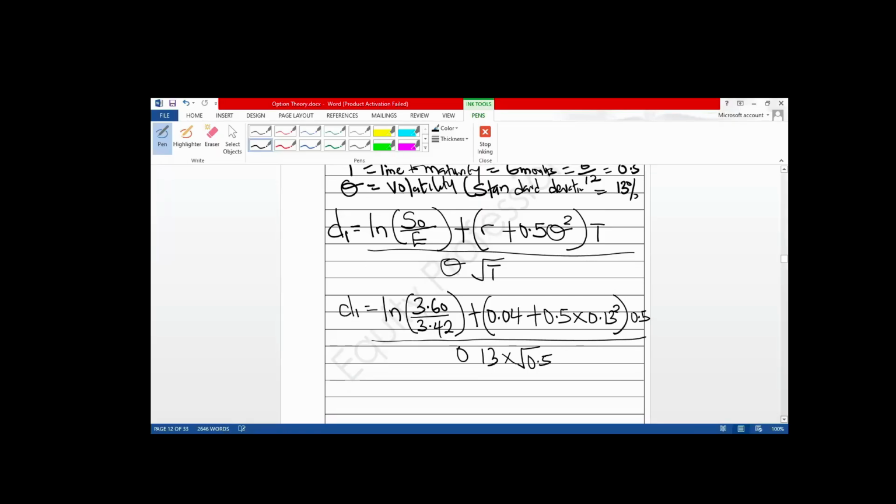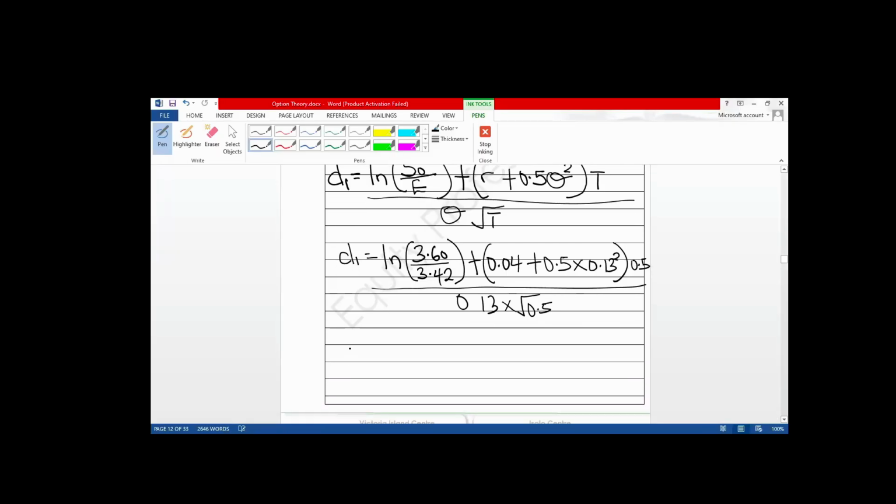You are going to take your answer to 4 decimal places. Your D1 will be 0.8215.